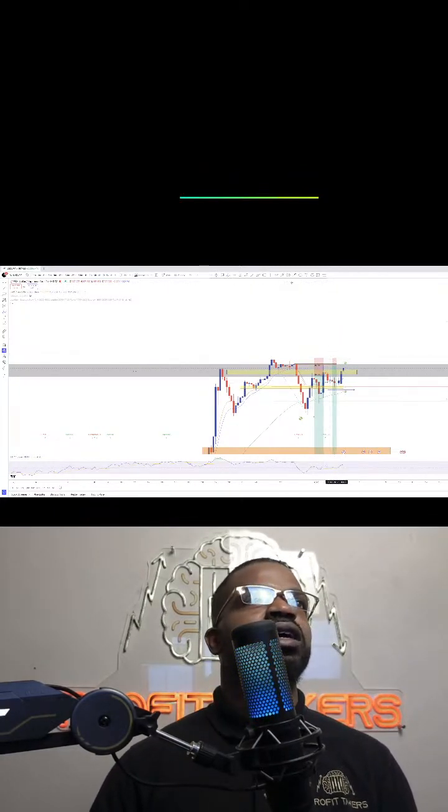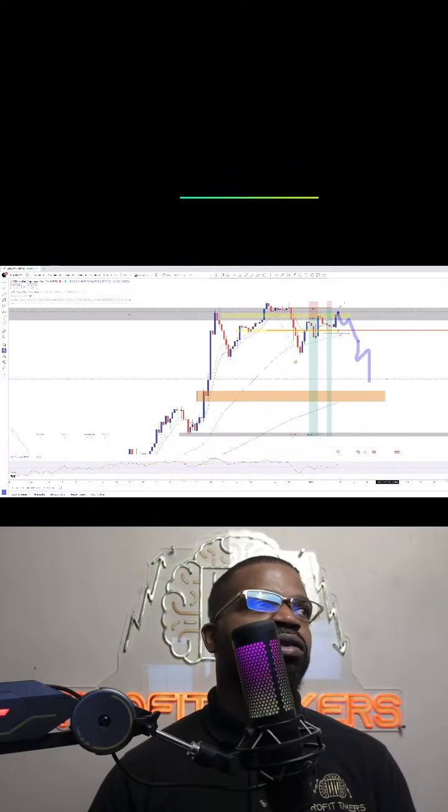A rejection here and here, holding this level as resistance right now. Uh-oh. If these highs are not broken, great chance we'll see a drop in price to break beneath this low.